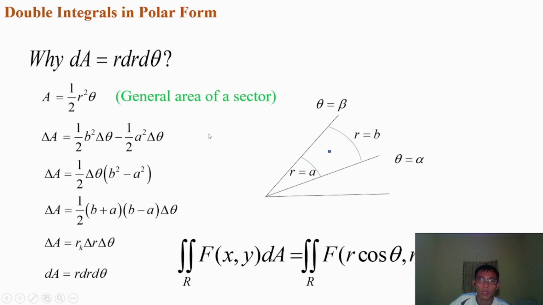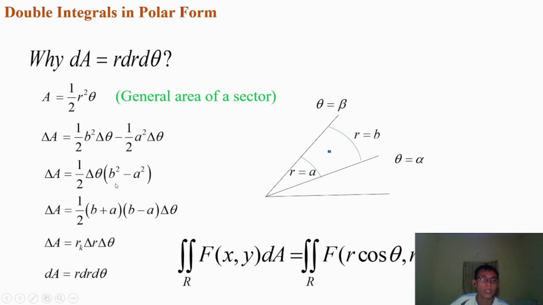So the entire area of radius b is equal to 1/2 b squared theta, and the small area with the radius of a is equal to 1/2 a squared times theta as well, because it's the same angle, right?